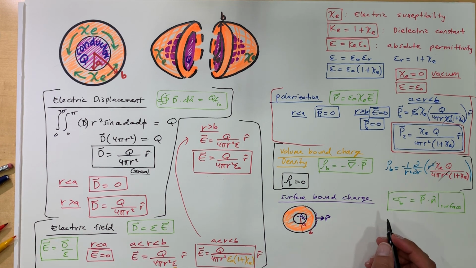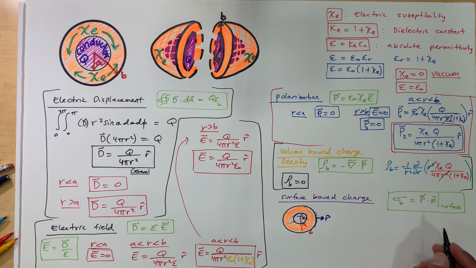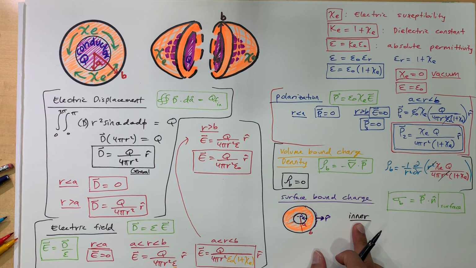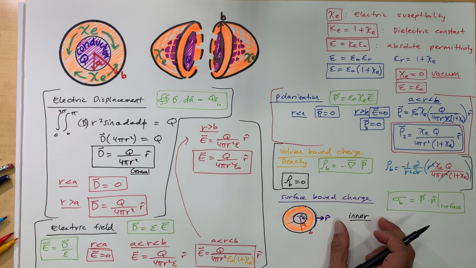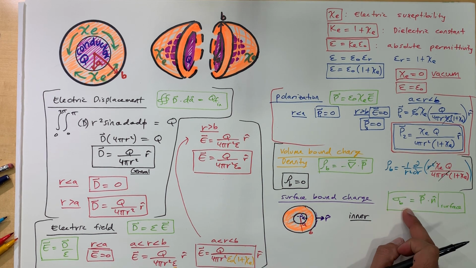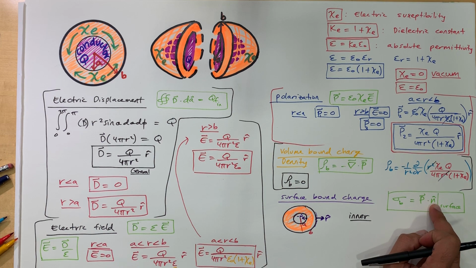All right, so let's look at the regions that we're in. For the inner, we can call it surface A, surface B, if that's less confusing. We're gonna evaluate the surface bound charge as the polarization dotted with the normal.